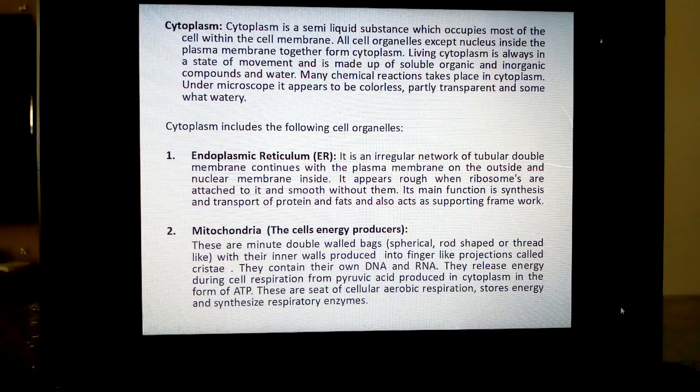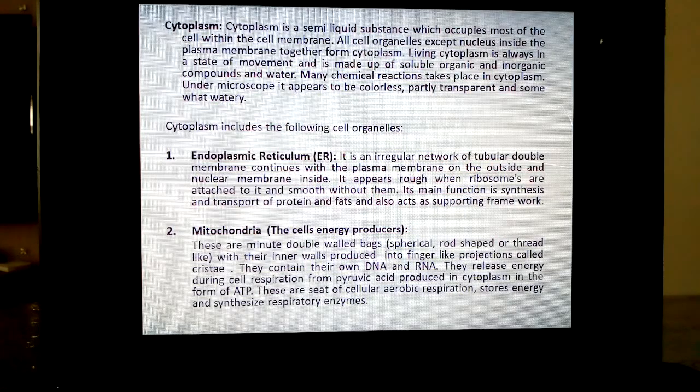It starts with the cytoplasm, cell membrane, plasma membrane, and occupies the total cytoplasm. Finally, it joins with the nuclear membrane. It forms a network, and that is how the cell is getting a strong structure, what we call strength and protection. It appears rough when ribosomes are attached to it and smooth without them.